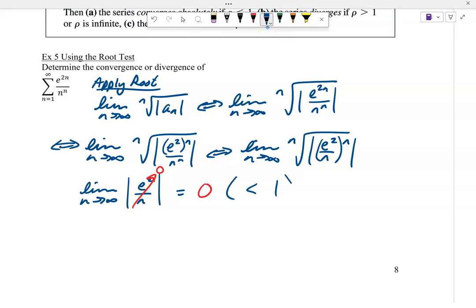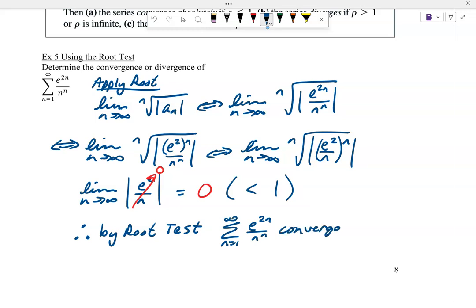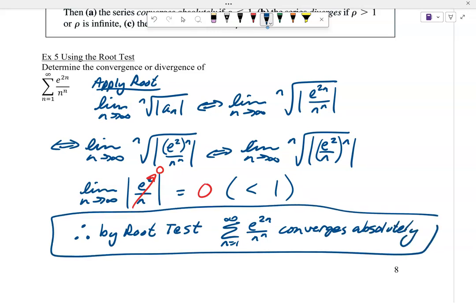All we care about is whether it's less than 1, then it converges. So by the root test, since this is less than 1, this converges. And it actually converges absolutely, a more powerful statement there.